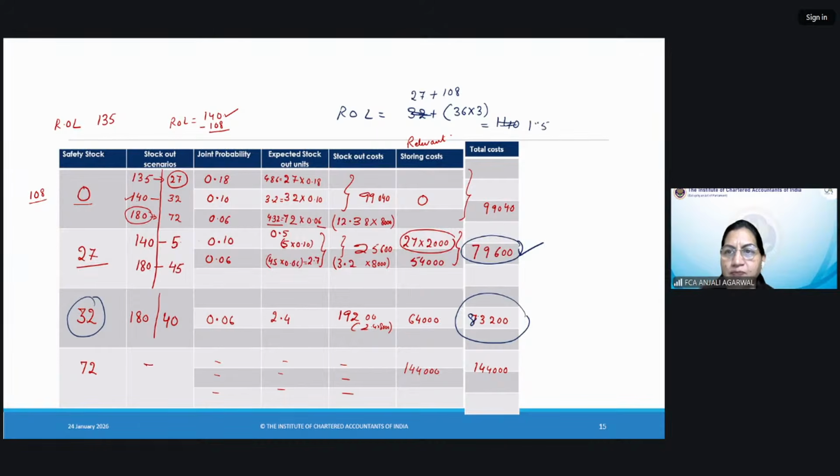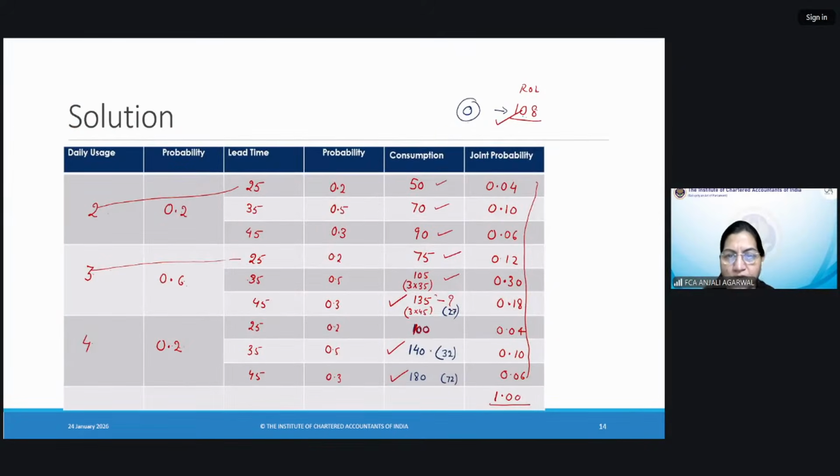So you see, if you keep a reorder level of 135 units, you are stocked out in only these two situations, so you can take this much risk. So how much risk have you taken? You have taken 16% or 0.16 risk. Only in these two situations you are stocked out, so the risk is 16% or 0.16, right?